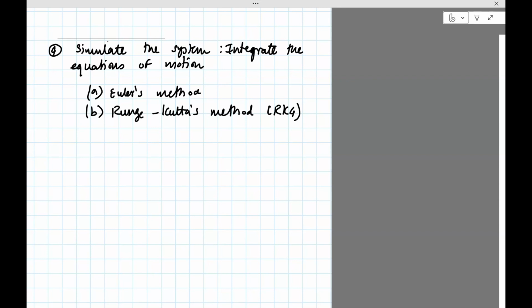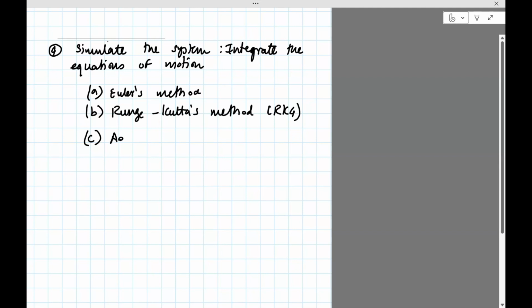That is, if h is the step size, I think the error for Euler's method is like h square, and the error for Runge-Kutta is like h raised to 5, which means that you can get away with a bigger step. And the one which we'll be using, and I'm not going to write code to do this, I'll just use ODE. There's a function ODE in Python which will do it.